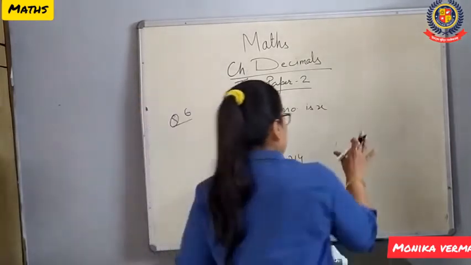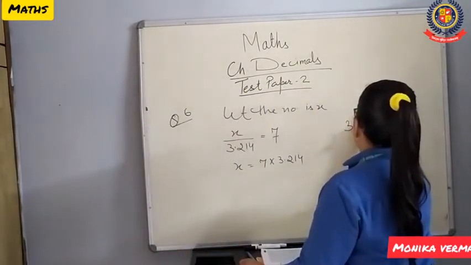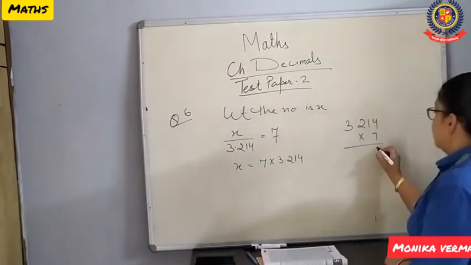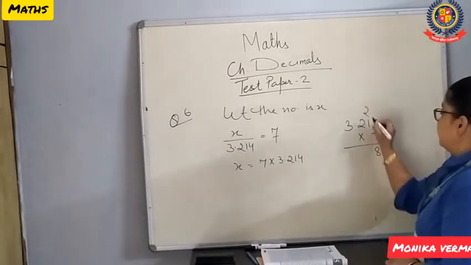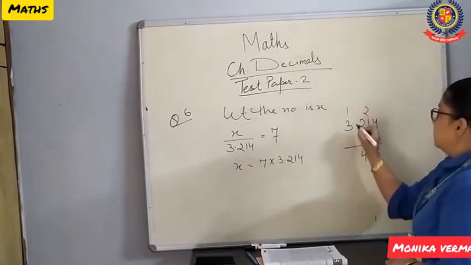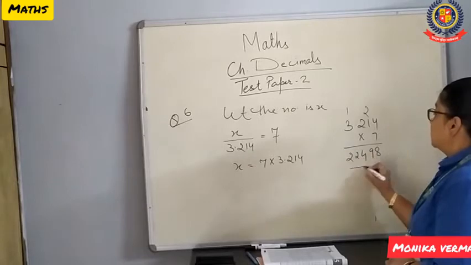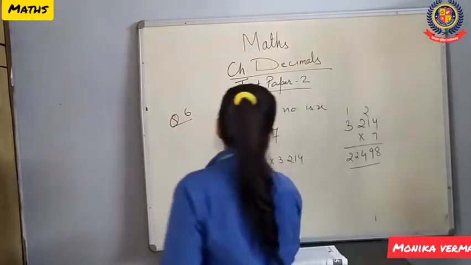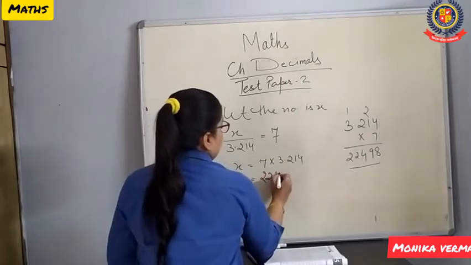So now we'll multiply it. 3.214 multiplied by 7. 7 4s are 28, 2. 7 1s are 7 plus 2, 9. 7 2s are 14, 1. 7 3s are 21 plus 1, 22. 1, 2, 3, we'll put the decimal here and we'll get 22.498.